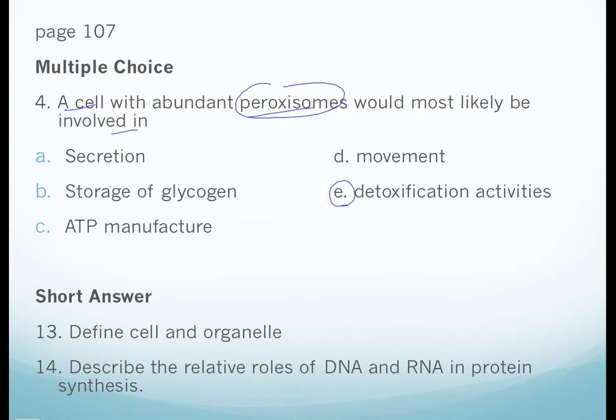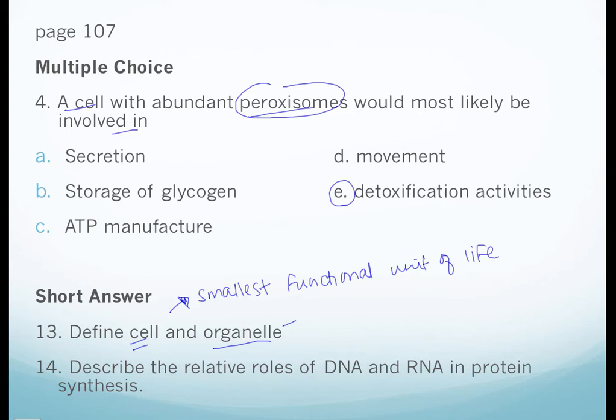Now I want you to define a cell and organelle. And so a cell, this is the smallest functional unit of life, and how it's able to work and operate is by organelles.